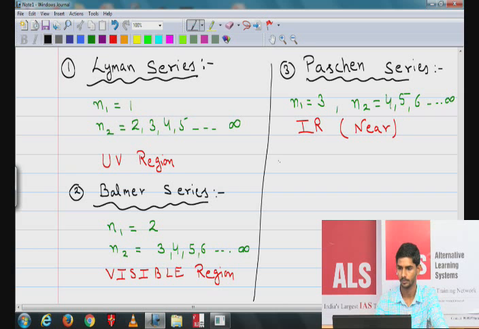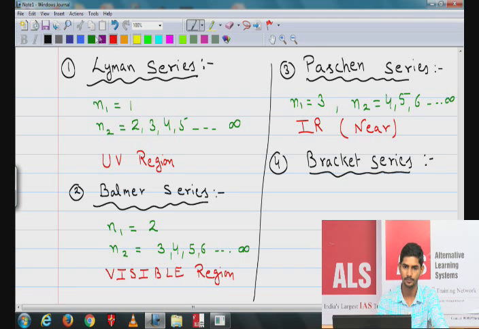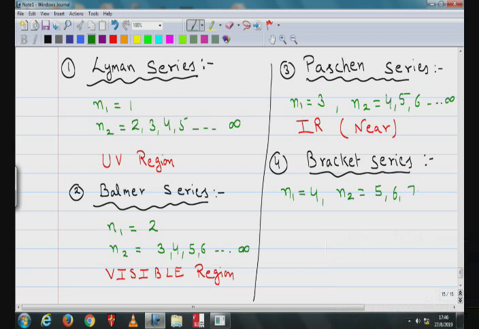Next, the Brackett series. In the Brackett series, N1 will be 4, but N2 can have other values 5, 6, 7, 8 up to infinite, anything.